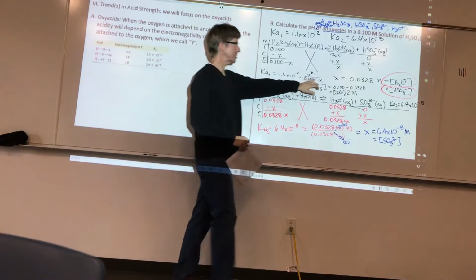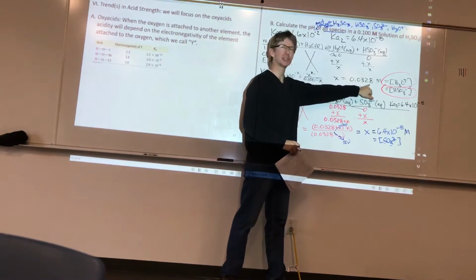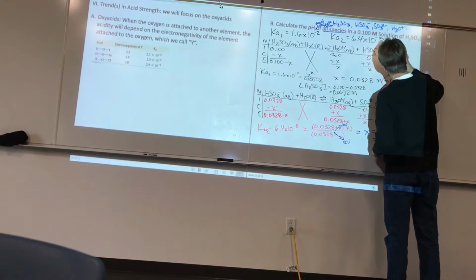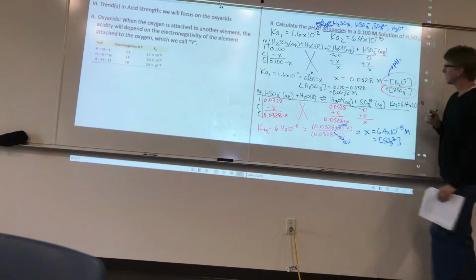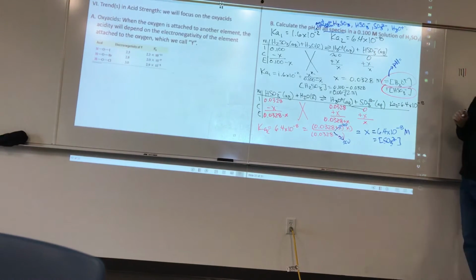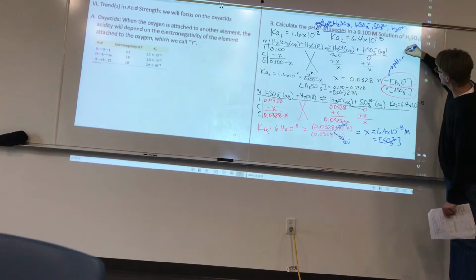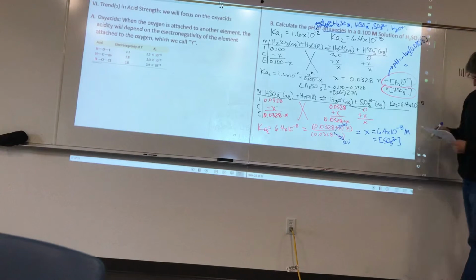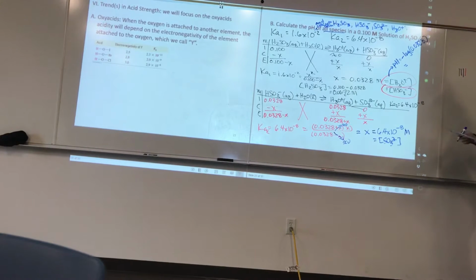Once we have the concentration of hydronium of 0.0328, we can find the pH. pH equals negative log of concentration of hydronium. And the pH.